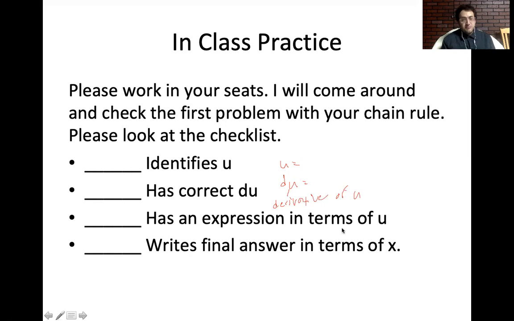And then have an expression in terms of u, and then write your final answer in terms of x. So what this means is that after you have your u expression, rewrite in terms of x.